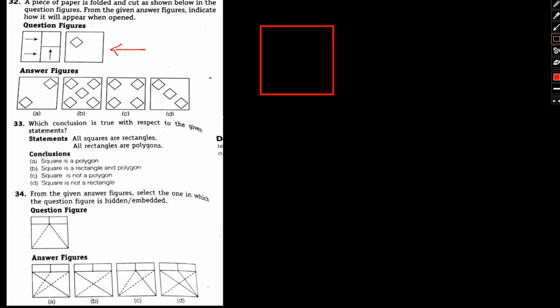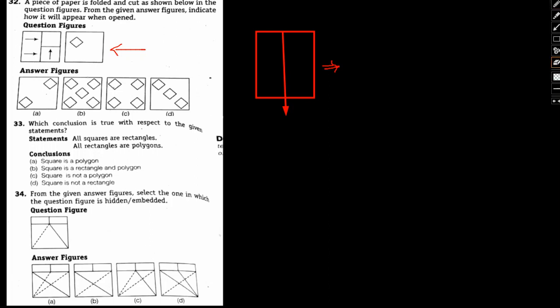We have a sheet of paper which is folded first this way. Okay, it should be in the midpoint. My bad, let me draw this again. Say this is my sheet of paper, and midway it is folded this way. Once it's folded, the resultant figure would be something like this.